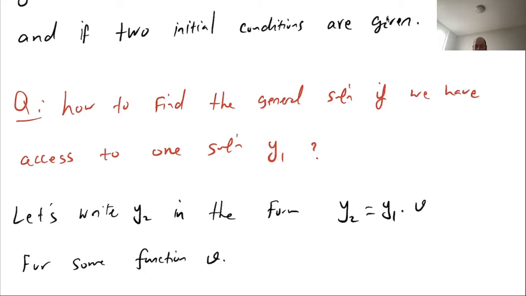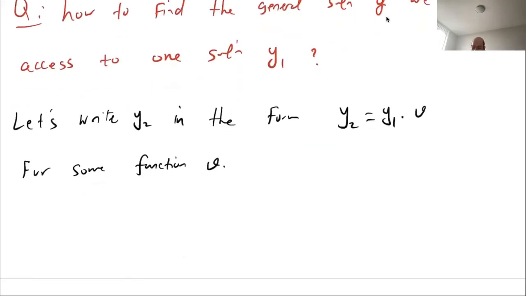So no matter what y2 is or what y1 is, if you basically divide y2 by y1, so as long as y1 is not the zero function, then we can write y2 as y1 times v, because we can simply write v as y2 divided by y1, and then y2 will be y1 times v.